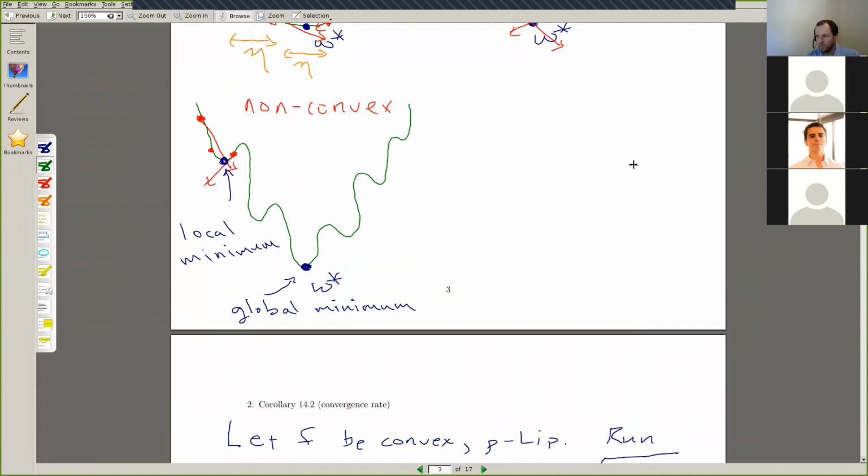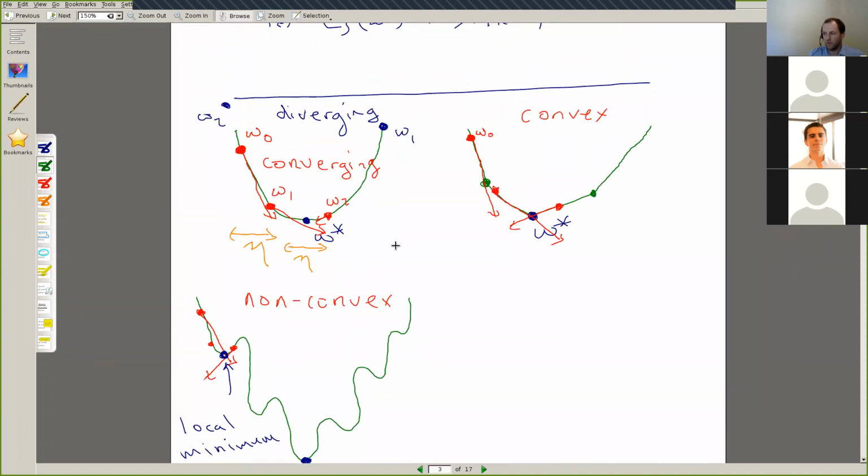So coming back up here, the B value is the sort of range of w parameters that we're going to search over. So if I'm starting my w naught here, and I know, say, that w star is somewhere contained within this set right here, but I don't know where, this size right here is going to be my B value.